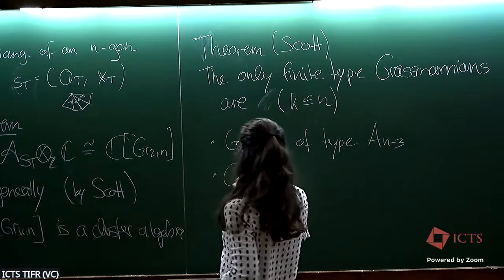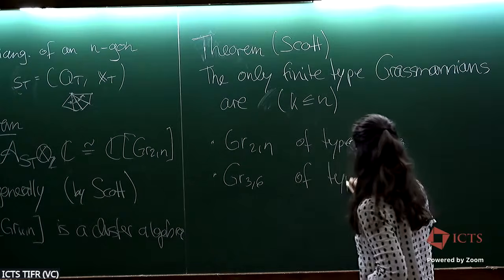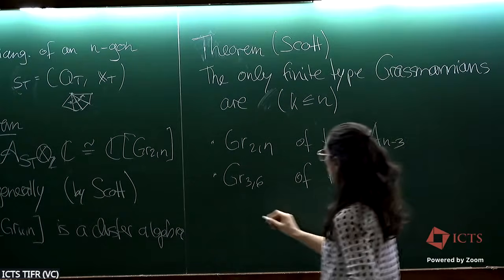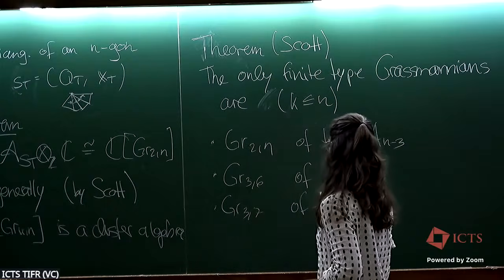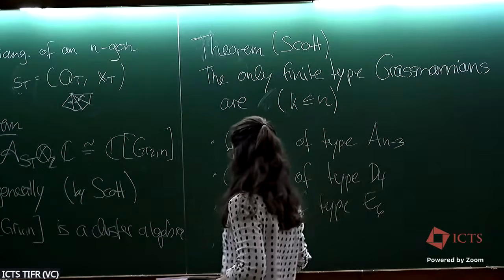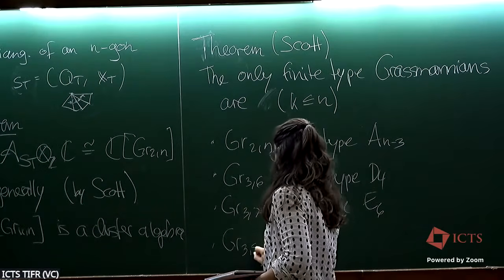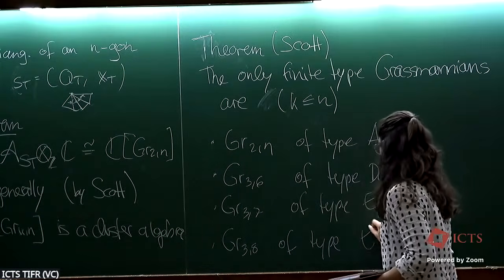Then I have the Grassmannian 3,6, which is of type D4. Grassmannian 3,7 of type E6. And Grassmannian 3,8 of type E8.